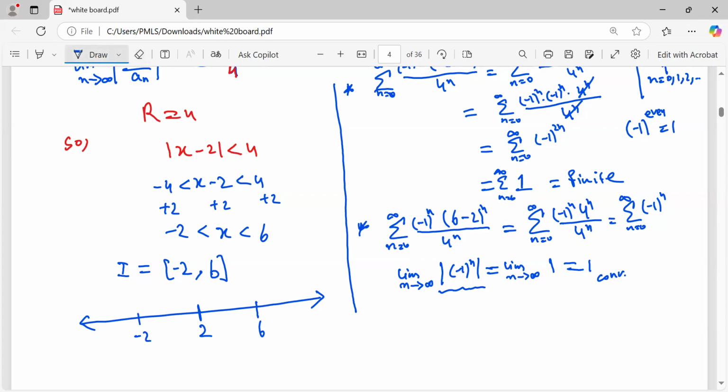So if we draw the interval of convergence, we will start with a closed circle on 6 and minus 2. If we take any number between this interval, our series will converge. And if we take a value of x outside this interval, our series will diverge. So this is the interval of convergence.